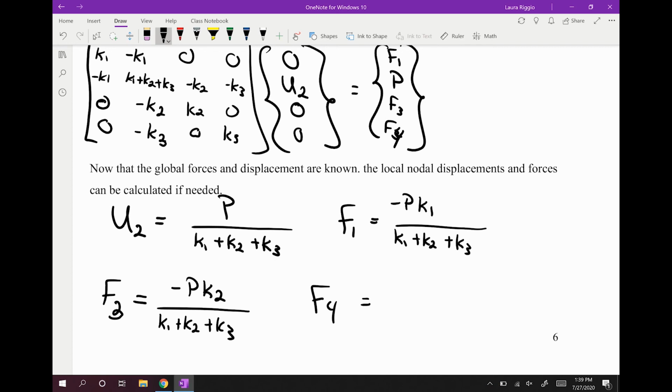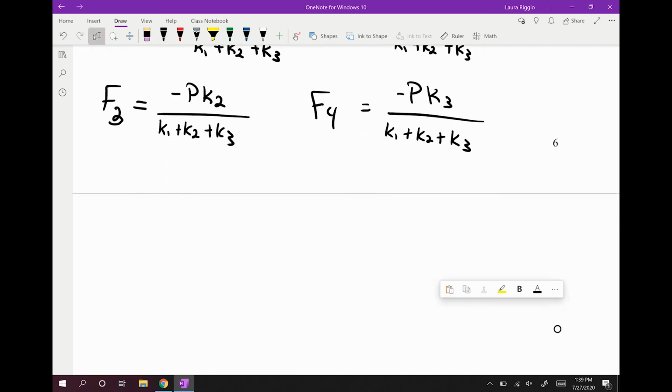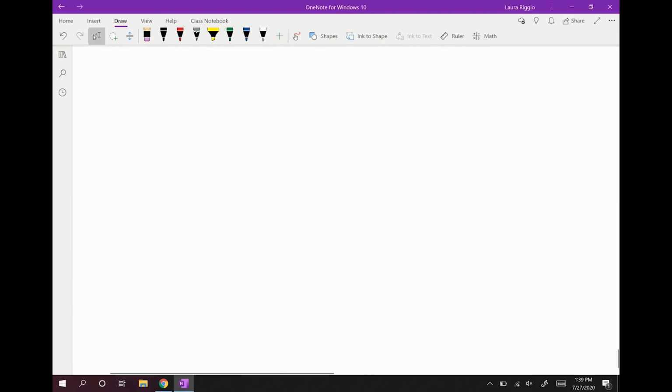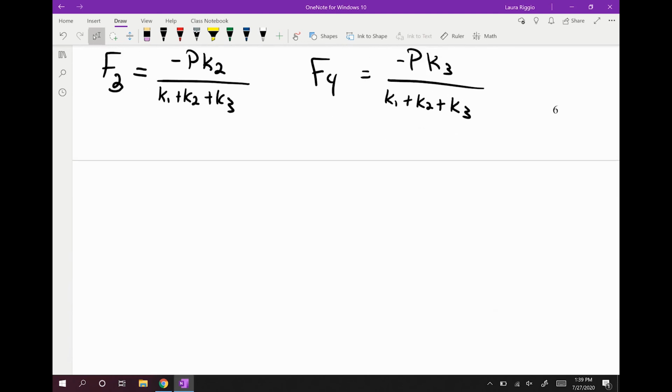And F4 will be minus P times K3 divided by K1 plus K2 plus K3. Now that we know our unknown global forces and our unknown global displacements, we can go back and solve for our unknown local forces and our unknown local displacements.